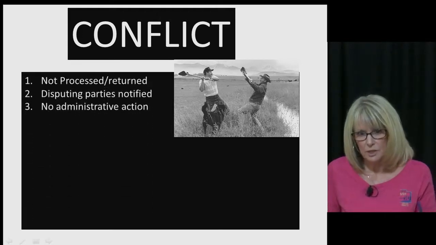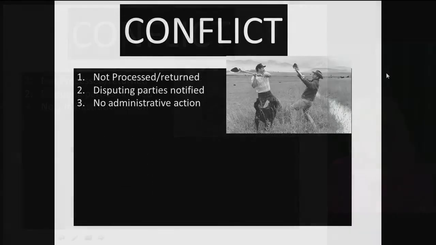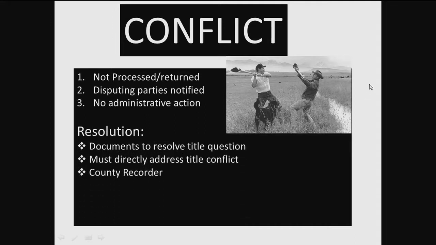What the state engineer will do is he will not process the report, and it will be returned to the processor. However, its receipt will be noted on our records, and the disputing parties will be notified. The state engineer will take no further action on that water right until that conflict is resolved.